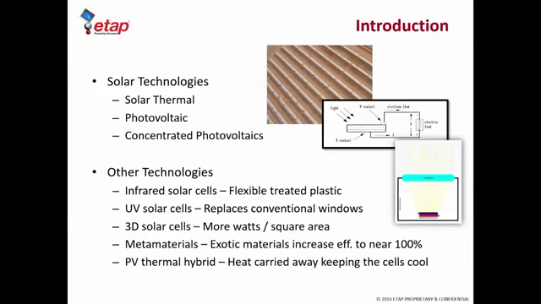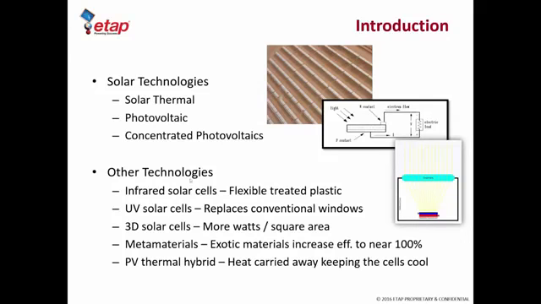There are many types out there, such as solar thermal, photovoltaic, which is semiconductor based, and concentrated photovoltaic, which utilizes light concentrating technology to pass the solar radiation onto a semiconductor.